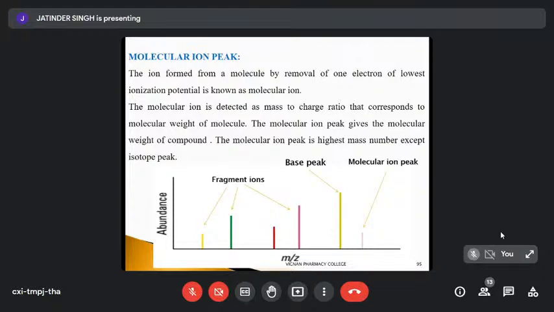The fragments are detected by the detector, and based on the fragments, we get different peaks in our mass spectra. First is the molecular ion peak, and the other is the base peak, and we call them fragment ions. These are the fragments which are produced. And the base peak corresponds to the main ion which is produced in the system.